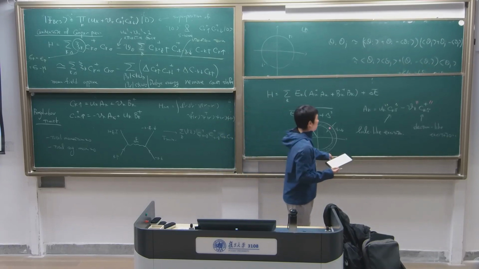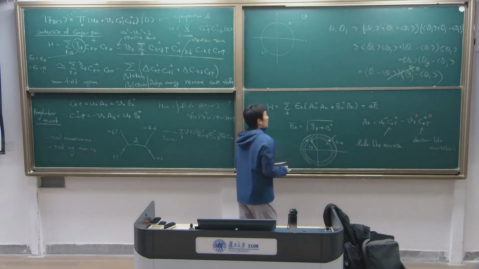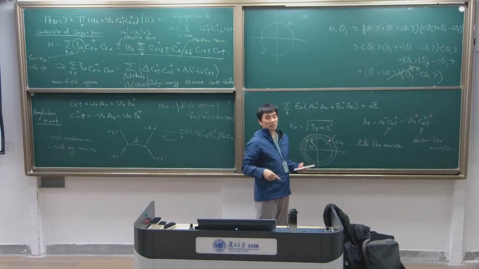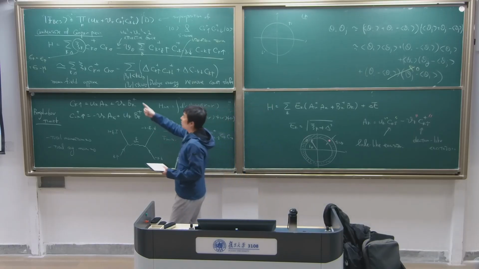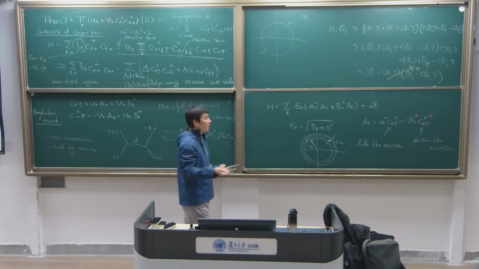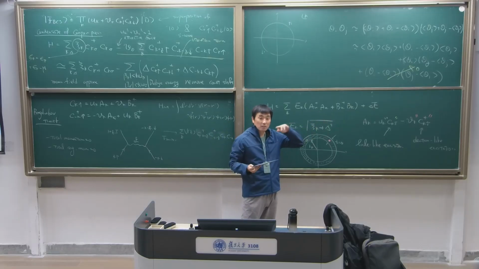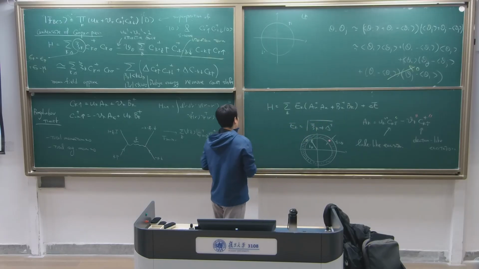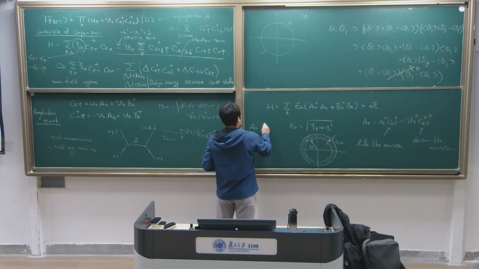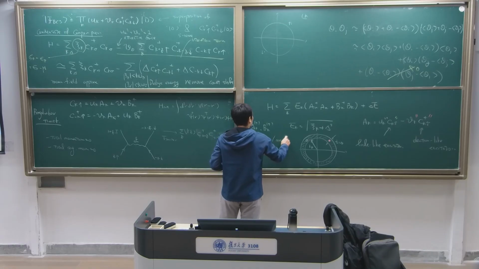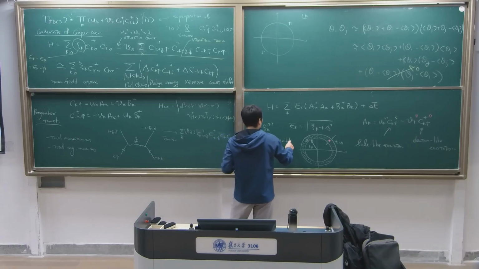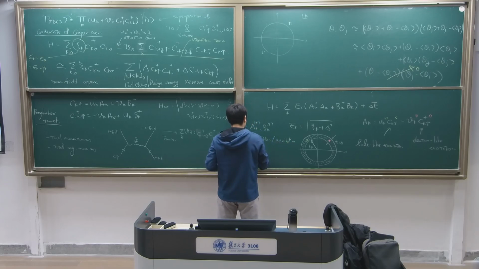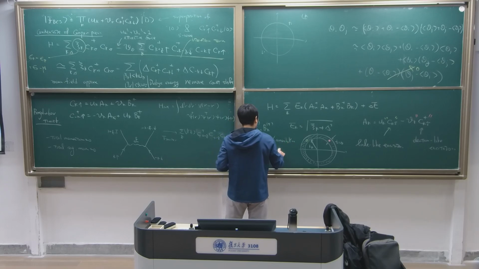So it's not a particle. But really, if you diagonalize the system, it's better to use A and B as the annihilation and creation operators. So AK and BK are the operators of the quasi-particle phase.